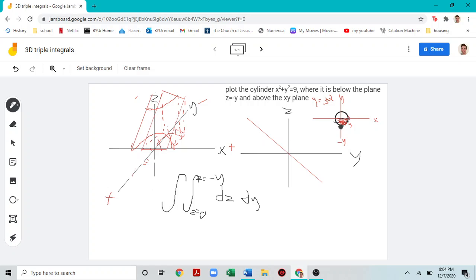Because we have a y right here, we want to make things equal to y. So this equation, x squared plus y squared equals 9. Let's solve for y so we can put the function in here. So y equals the square root of 9 minus x squared, because that y was squared, so we take the square root of it all. That's what it's going to look like.